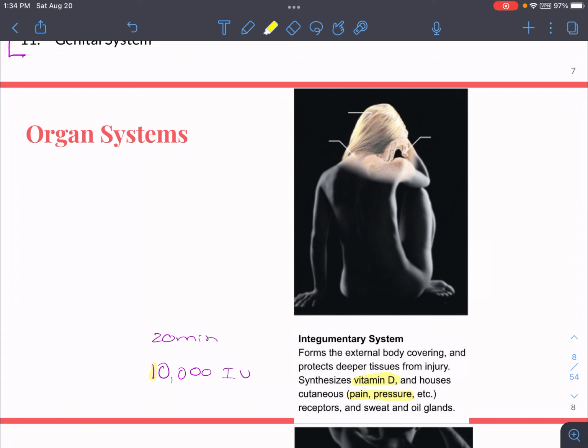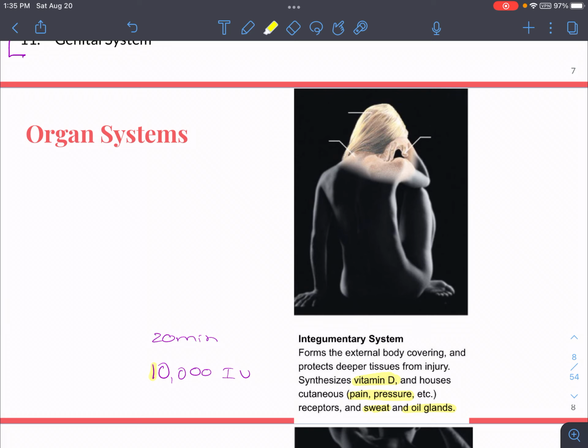We also have sweat glands and oil glands. If you haven't washed your hair for a couple of days and your hair gets really oily, that's because in each individual hair shaft, there are oil glands. There are also oil glands on your skin. That's why some people's face gets really oily.